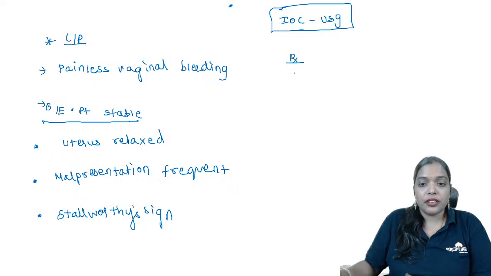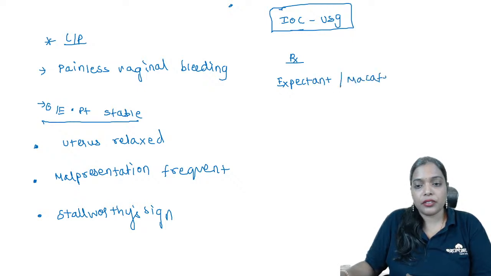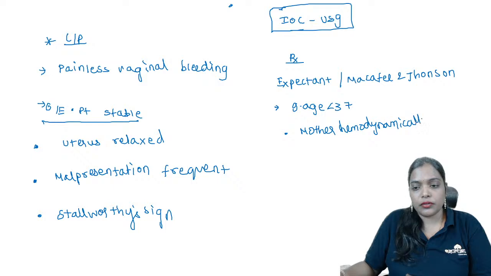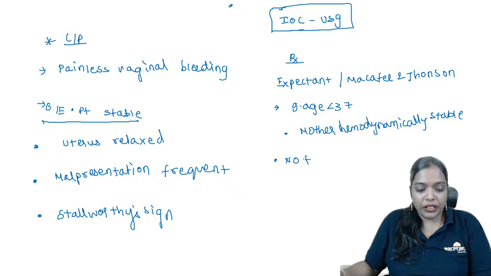Treatment, you can do expectant or Macafee regimen. You do the Macafee and Johnson's regimen when gestational age is less than 37 weeks, the mother is hemodynamically stable, and there is no fetal distress.